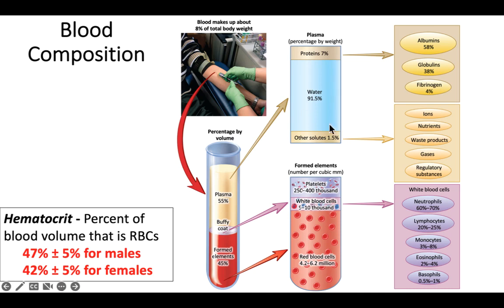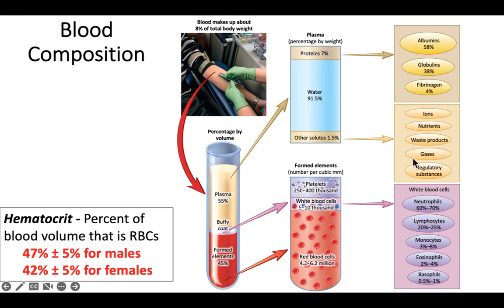If we look at some of the other solutes, ions, so we're looking at sodium, potassium, chloride, calcium, a lot of different ions or electrolytes are in plasma. Nutrients, what comes to mind should be glucose, amino acids. You're going to find a lot of the waste in the plasma, a little bit of gases.